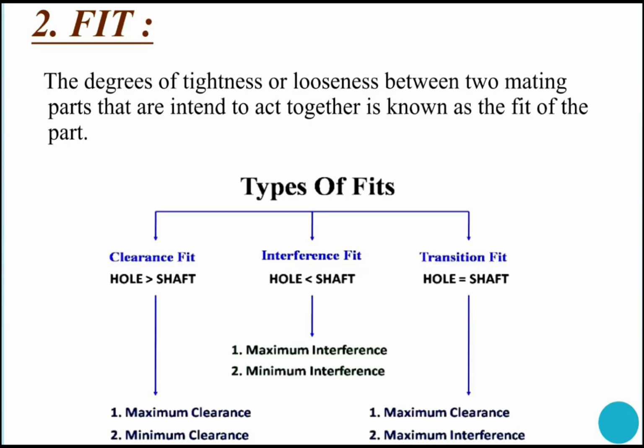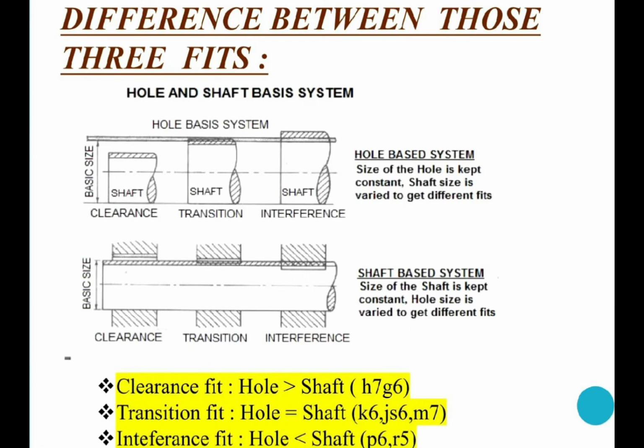Second one is the interference fit, where the shaft is greater than the hole. That means the shaft cannot be put inside the hole easily, or it does not come inside the hole. And third one is transition fit, where hole and shaft are the same size. That means a shaft can go inside the hole, not easily, not tightly. That means a full fit is there.